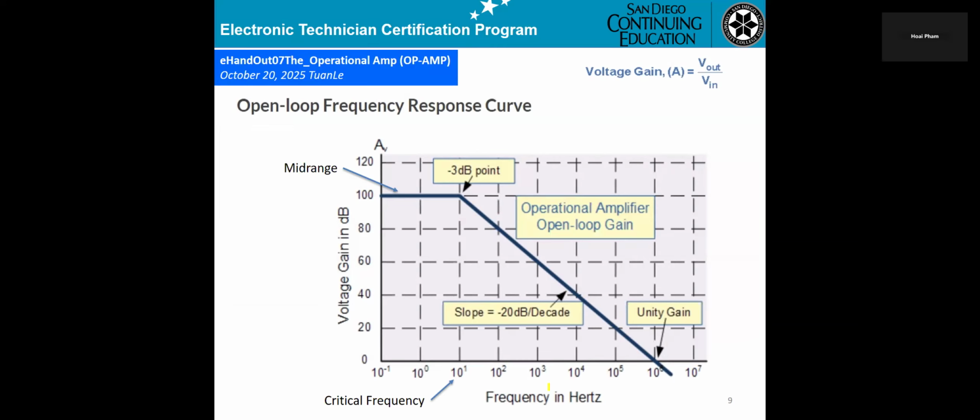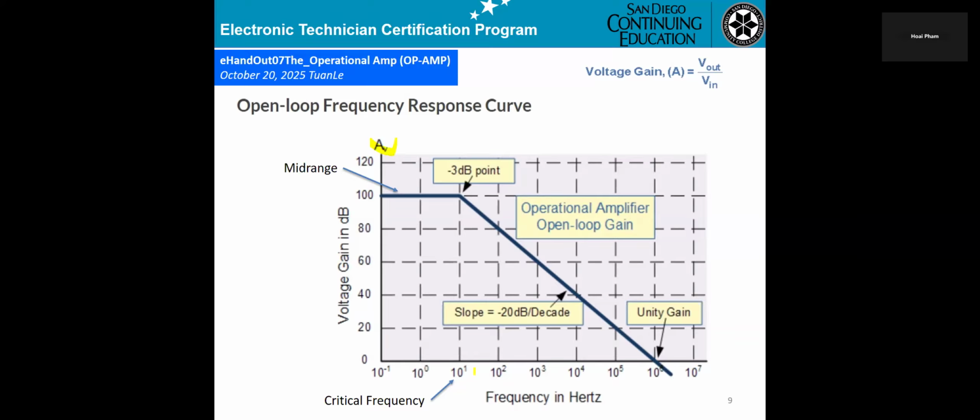Okay, sometimes a lot of students cannot understand how that will look. Okay, you understand for this side, going up, they will be talking about the gain, AV, and they're using decibels, dB.